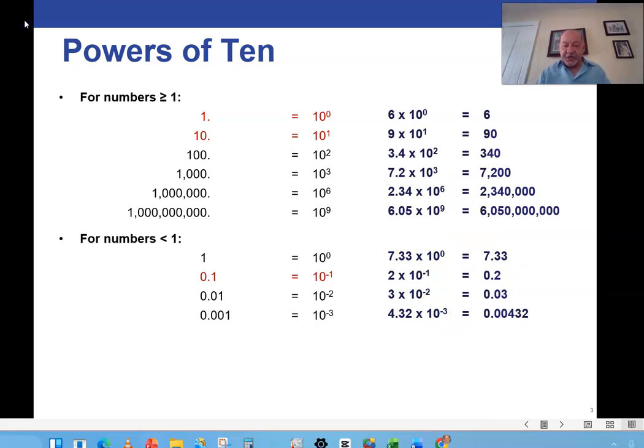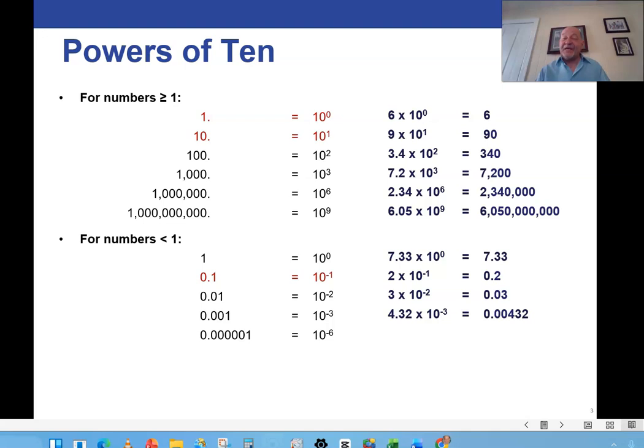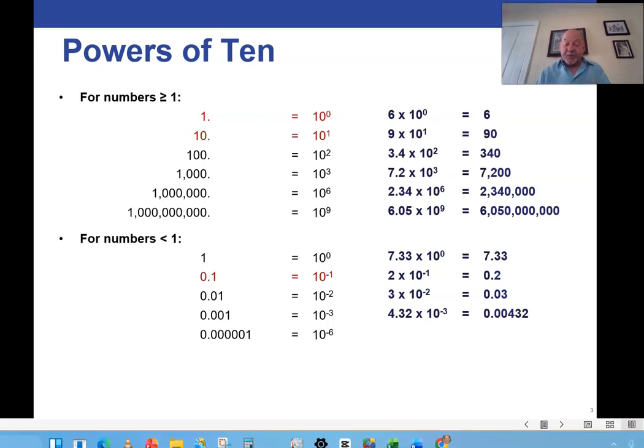So if we look at the next examples here, we have 0.000001, and that's 1 millionth. That's a decimal point followed by 5 zeros, not 6, and then the 1 appears in the 6th position after the decimal place.